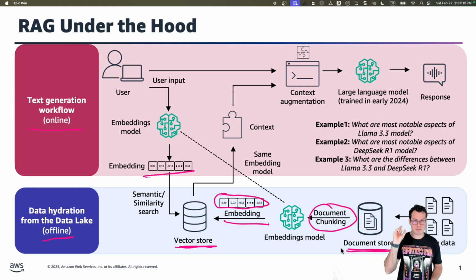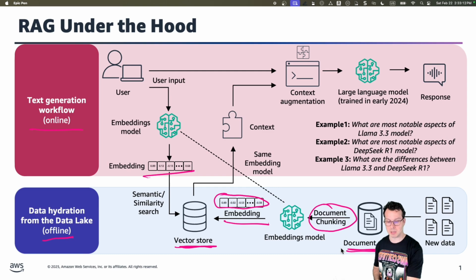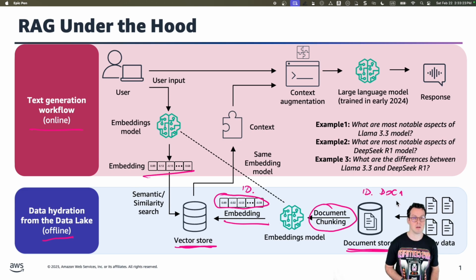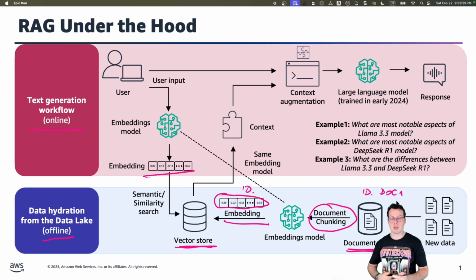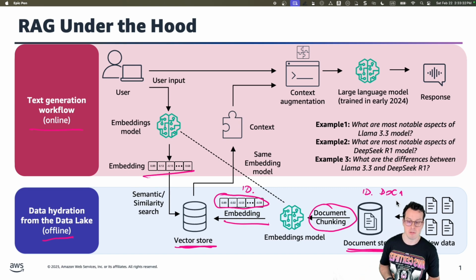You just practically have a mapping between, hey, this particular embedding is going to have some sort of an ID, and this particular mapping is going to map to the same ID of a particular document within the document store. And then you're going to have the next embedding that maps to a different document chunk there. So when you find the most relevant embeddings, you're not converting embeddings back to text.